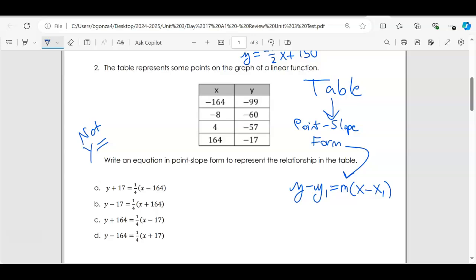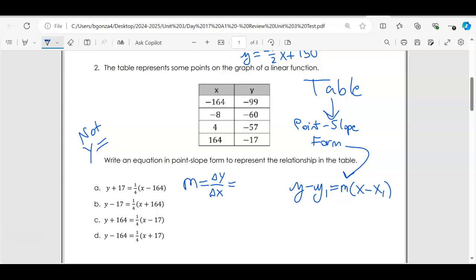So what I need is my m, my slope. And if you remember how to do this from a table, I like to do bird beaks. It's the change in y over the change in x.